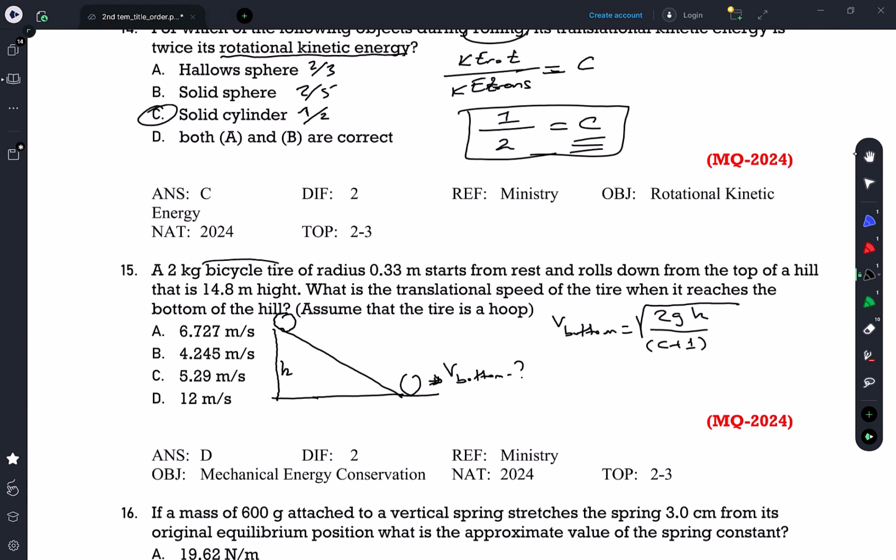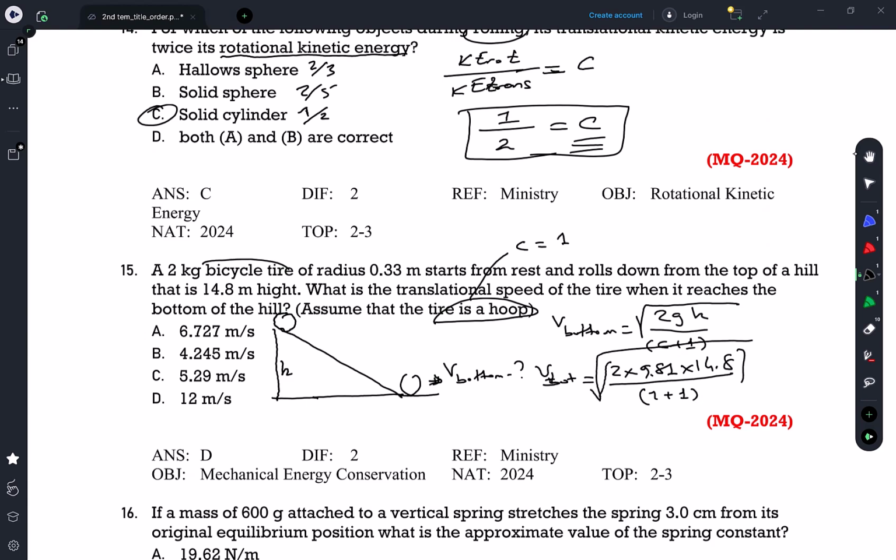It's a bicycle tire, assume it's a hoop, so c is equal to 1. Then insert all the given. So v at the bottom is going to be root of 2 times 9.81 times 14.8 divided by 1 plus 1.